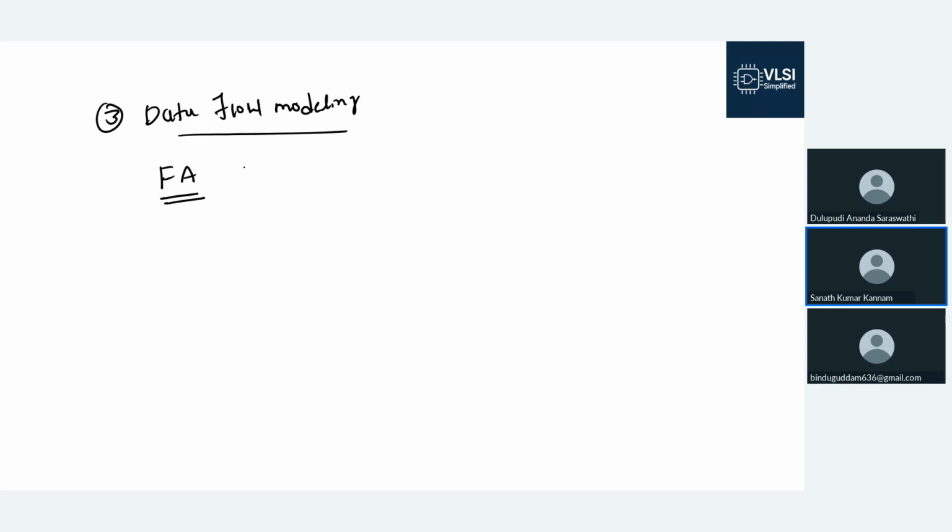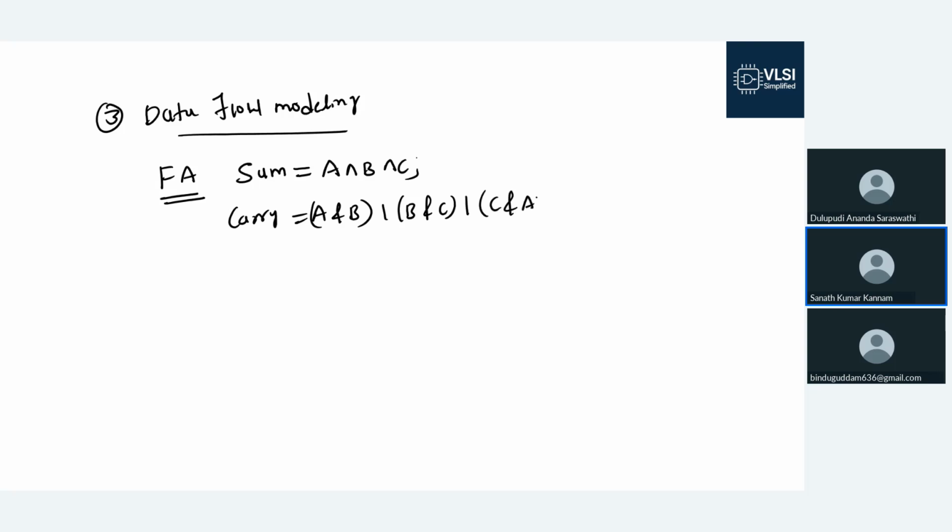You know the expression for sum: A XOR B XOR C. And carry equal to A and B, or B and C, or C and A. Whatever expressions we indicate in terms of expressions is nothing but data flow modeling. When you represent it in your Verilog code in terms of expressions, that is data flow modeling.